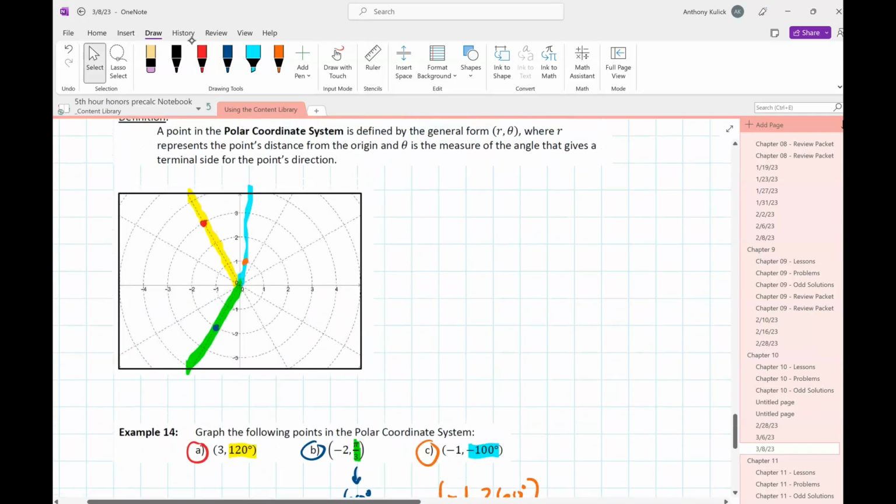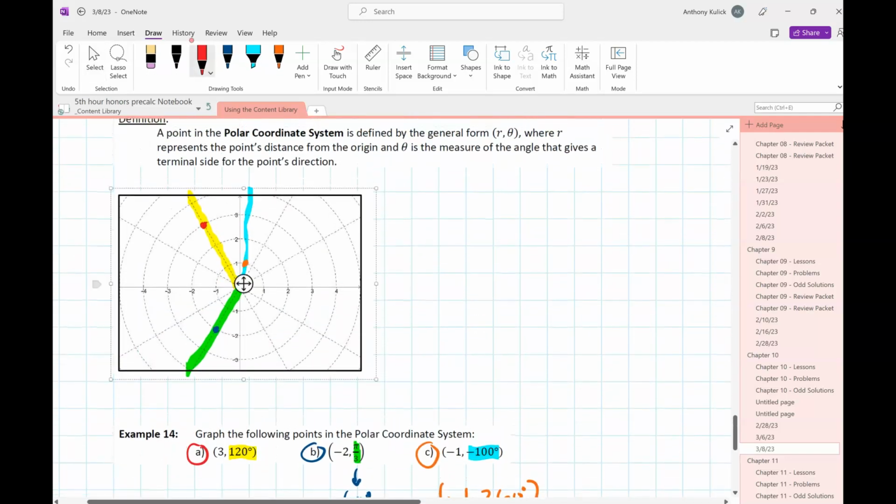Like when we graphed the initial one, my negative 80, or negative 100, was over here. If I add 180 to that, it gets me up here, right? That's all that adding the 180 is doing, just flipping the negative. Yeah.